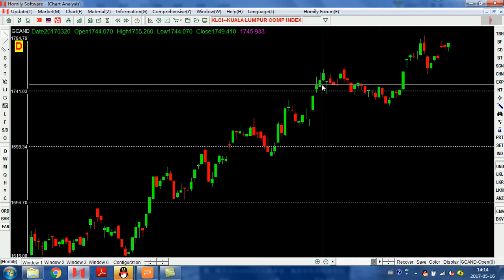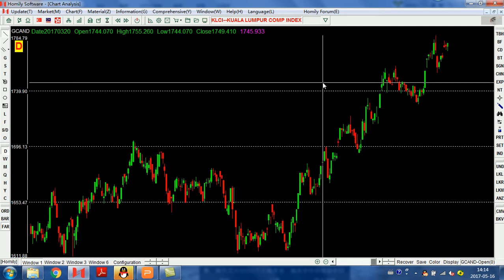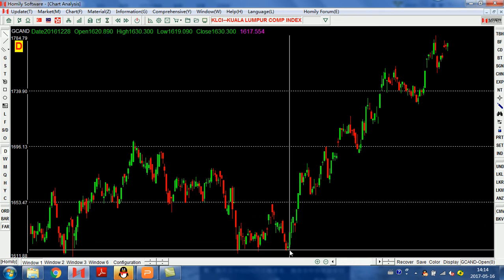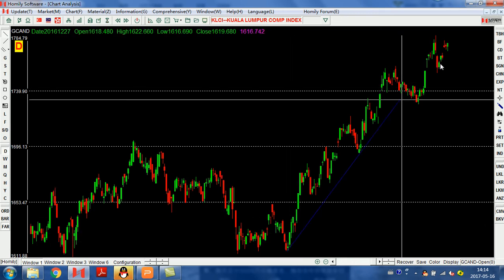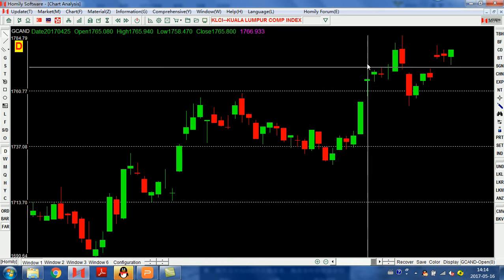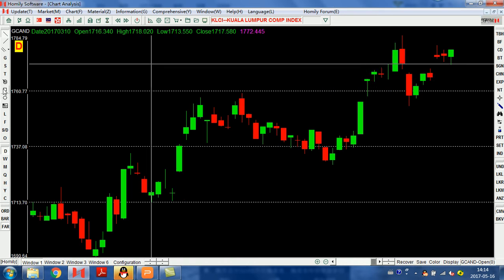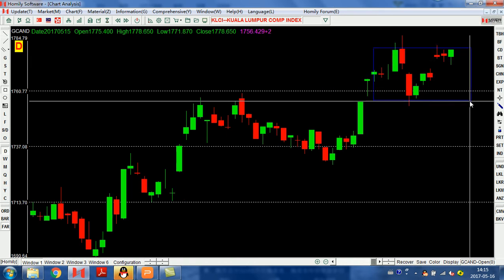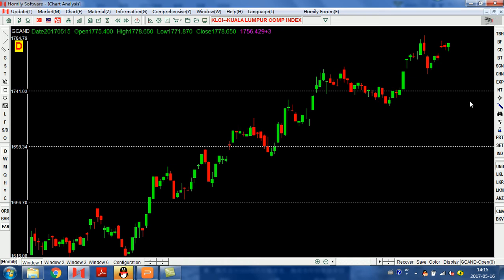Before 21 March, the overall market was still in the uptrend. But recently, in the short term, it is sideways, still in the box area here. It looks like not very strong momentum for the medium short term.